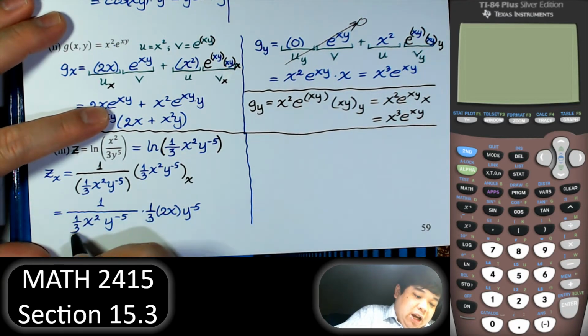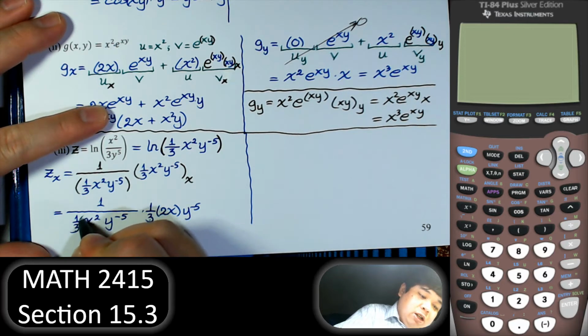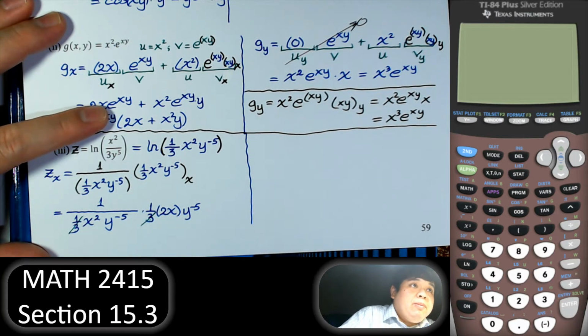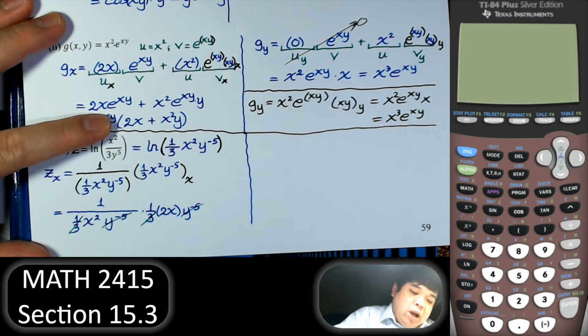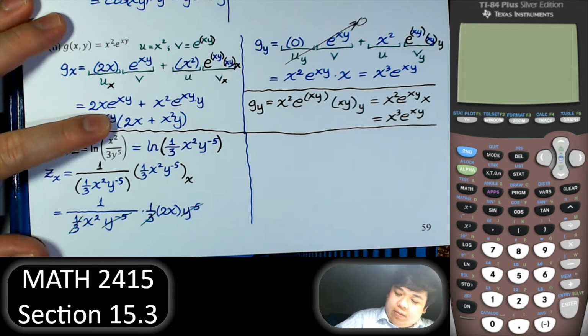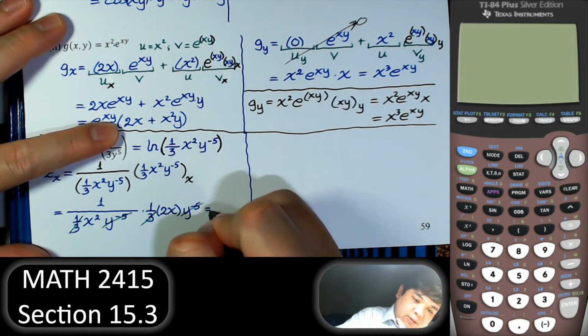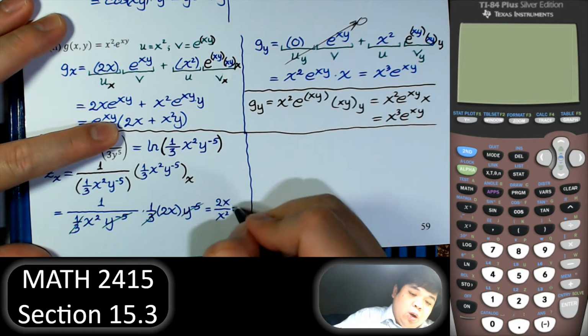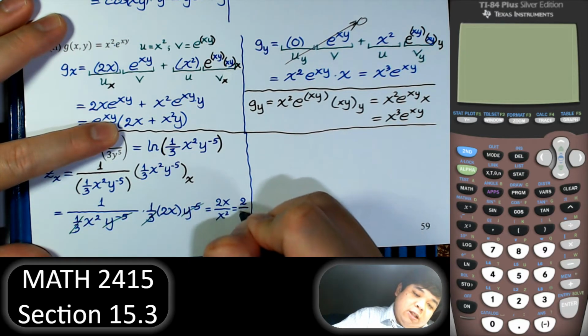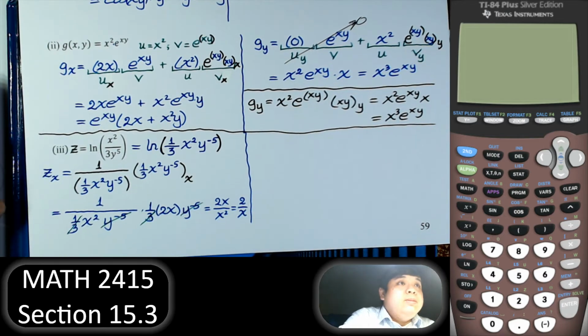The 3 here and 1/3 here, both below the denominator, so that cancels out. Y to negative 5 cancels out, and then we have 2x over x squared, which is 2 over x. Simple enough, right?